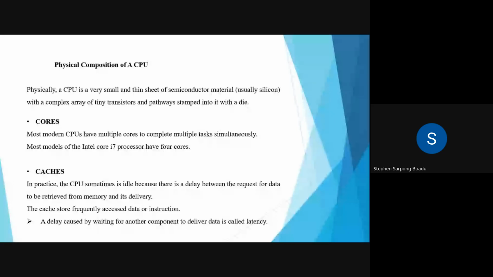If the Core i7 has 4 cores, some CPUs can have 6. I think it's between 6 to 14 now. Some can have 7, some can have 8. So this means a CPU that has 8 cores can work faster than a CPU that has 4 cores, right? So a core is like individual components within the CPU that work simultaneously.